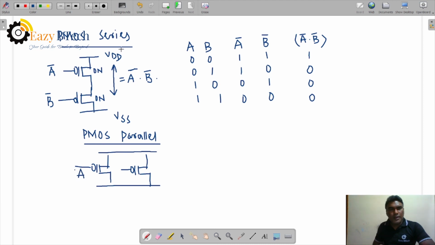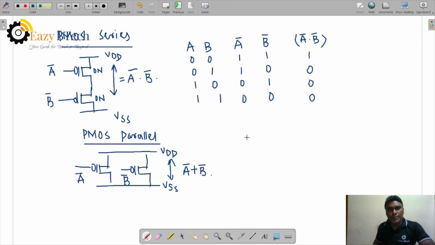This is A complement. The input is A complement, then it will be on. B complement, it will be on. Now we take the signal from VDD to VSS. The logic is parallel, which means A plus B, but it is A complement plus B complement.